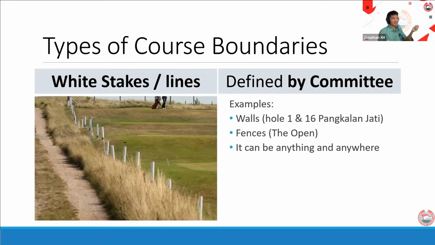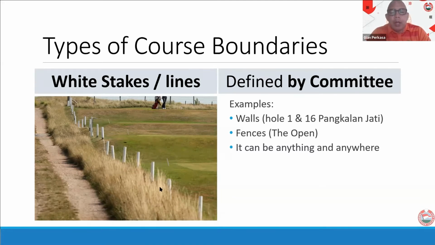But the committee can define anything out of bounds as long as they mark it. So that's why it can be anything or anywhere. And by the rules, we're also not supposed to list everything because you have to know, and specifically in that tournament.